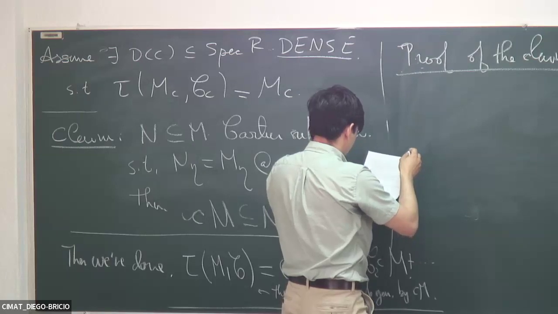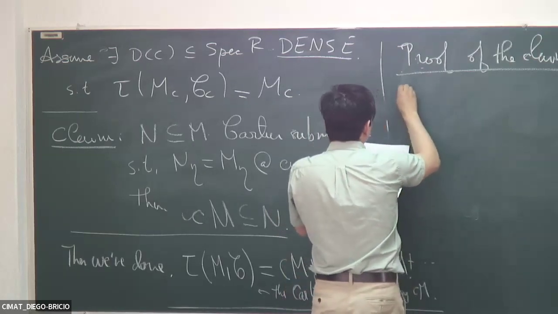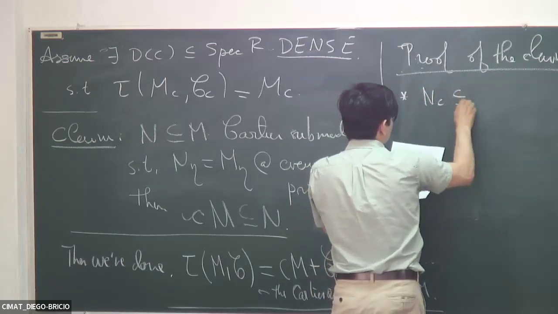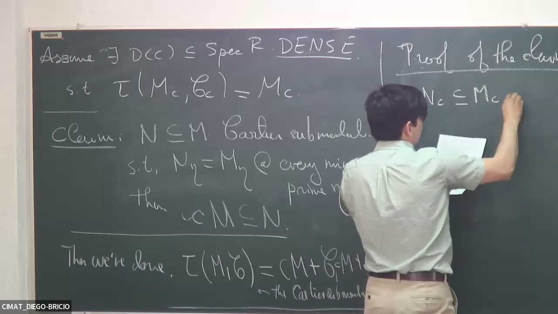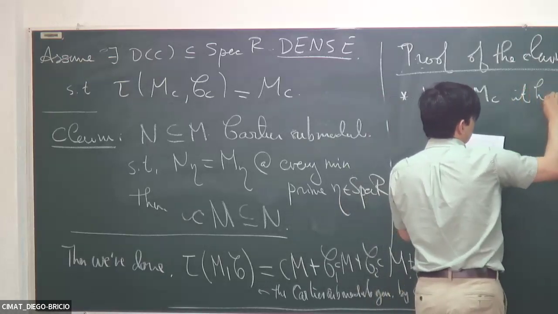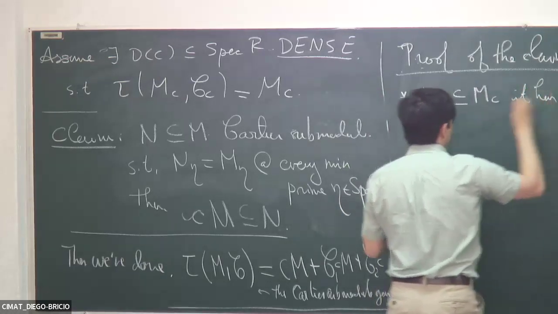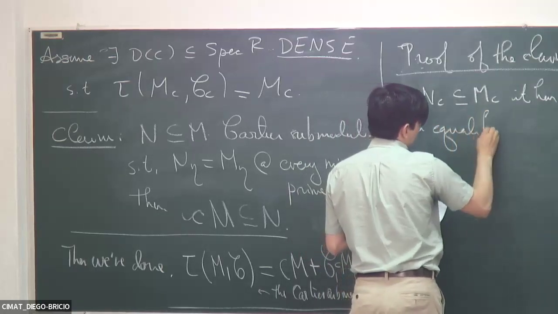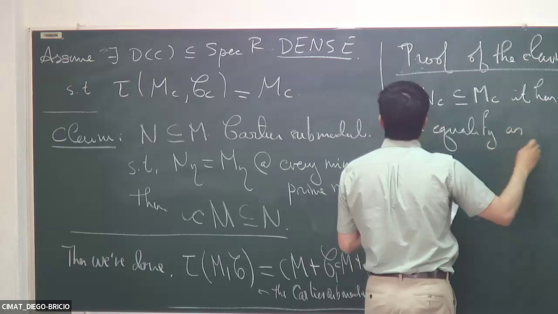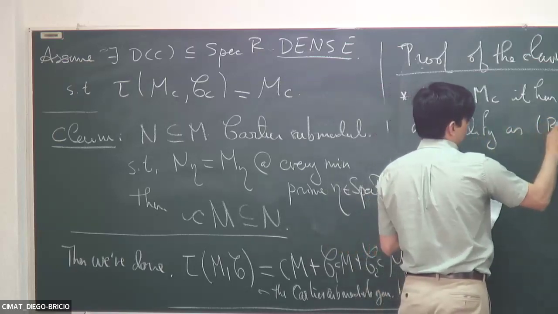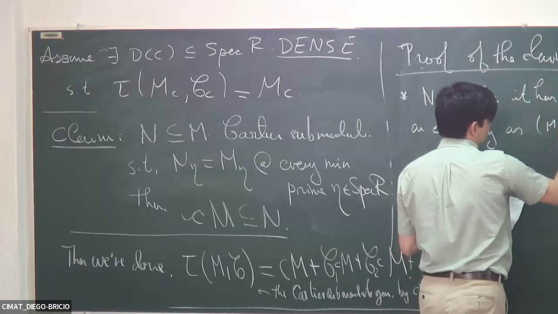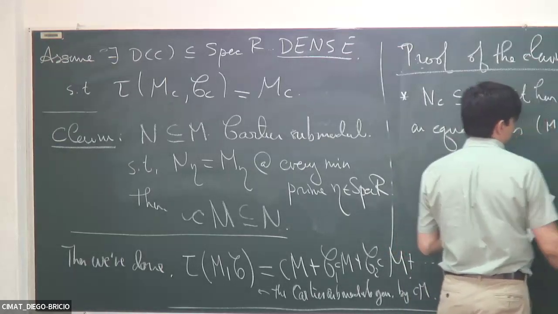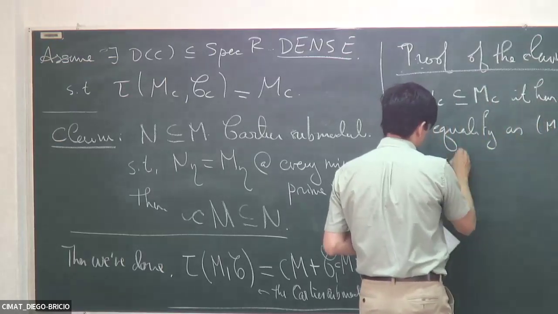So, well, the point is that when you look at this inclusion, it has to be an equality as the pair M comma C is F-regular over D(c).